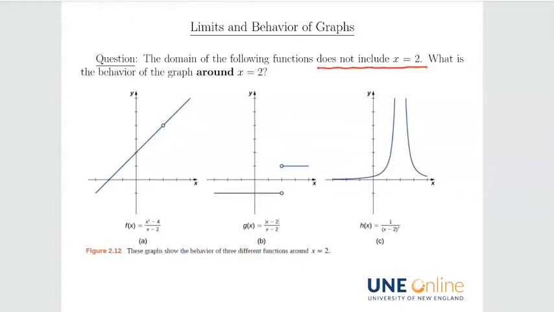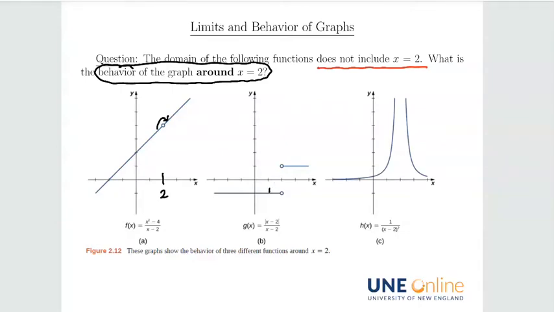And that allows us then to ask about the behavior of the graphs around x equals 2. Okay. So in our first graph, you can see that as we go, here's 2. As x is at 2, it just really takes a little bit of a skip there.